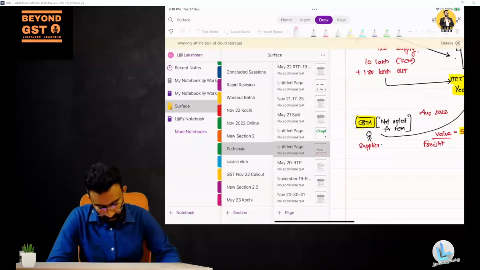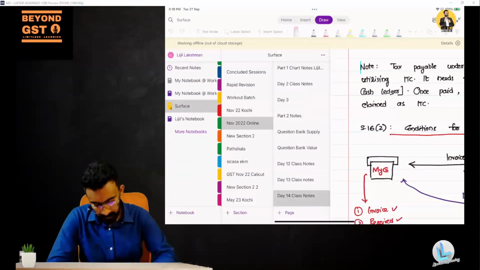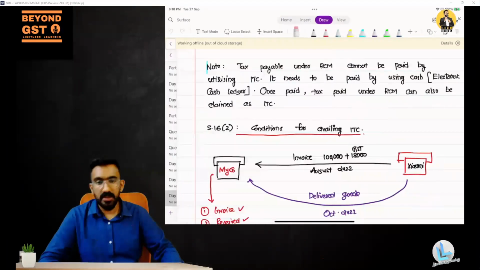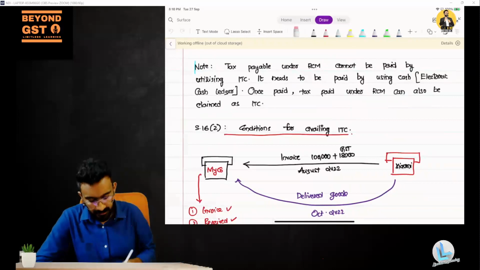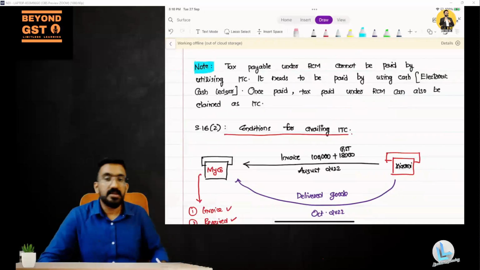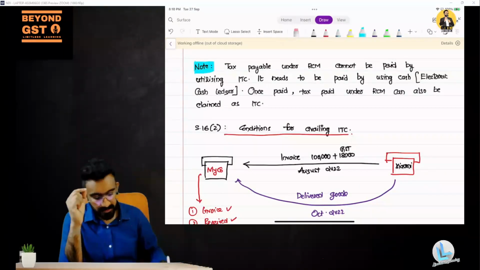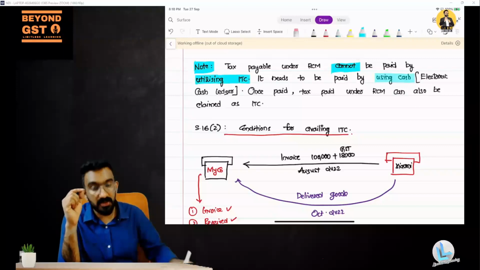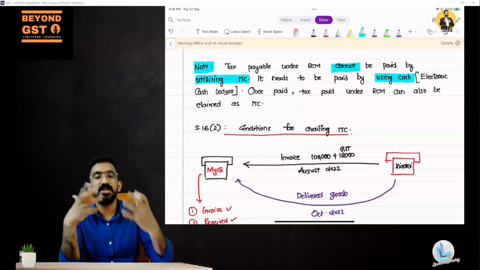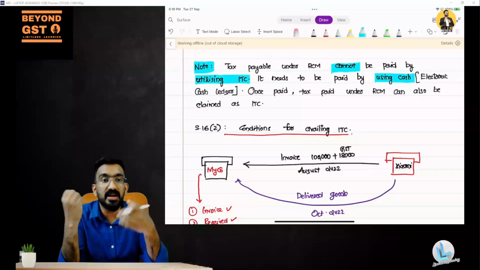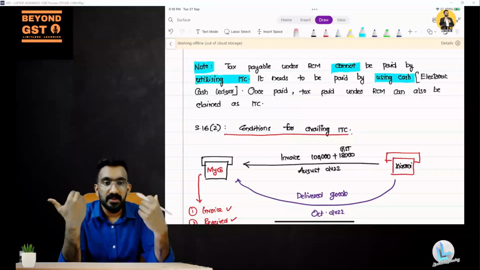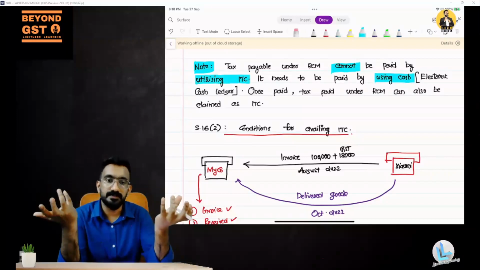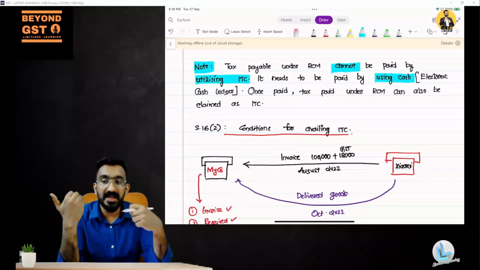I'll show you the provision that we have there. This is being repeated multiple times in the exam. Note, tax payable under RCM cannot be paid by utilizing ITC. It needs to be paid by electronic cash ledger only, because tax payable under RCM is nothing but a tax on inward supply.